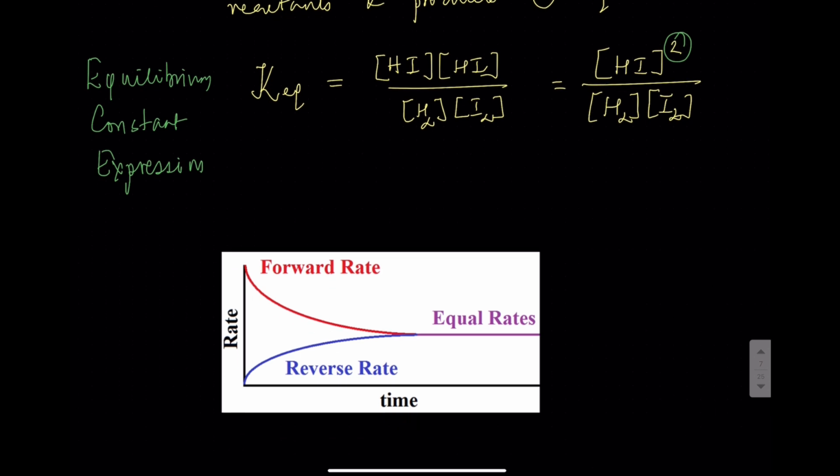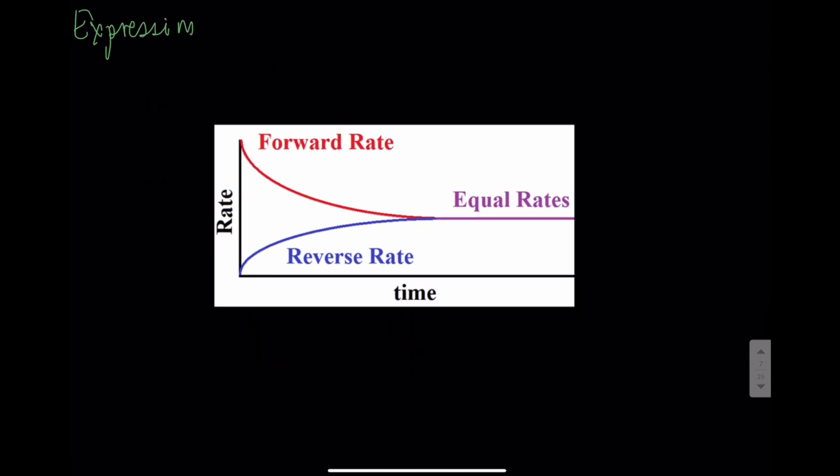Now, another aspect of equilibrium is the rate. If you're looking at the rate of the reaction, by the time the system reaches equilibrium, the rate of the forward reaction, so this is the forward reaction, and this is the reverse reaction.